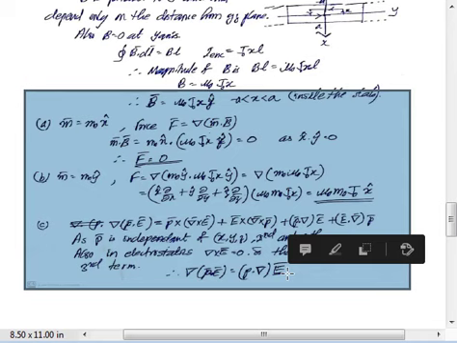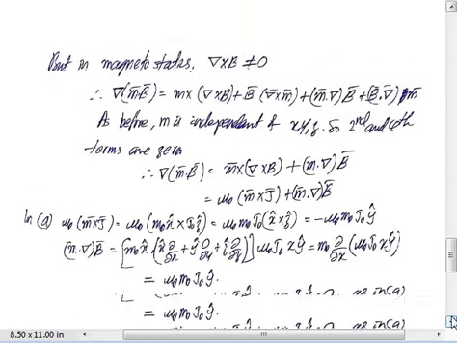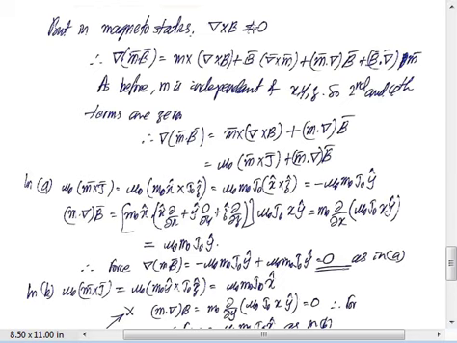But in magnetostatics this is not the case, because in magnetostatics we see that del cross B is not equal to 0. So expanding by using the same product rule, here also we get 4 terms. Out of that, the magnetic dipole moment m is a source quantity and it is independent of the field coordinates.